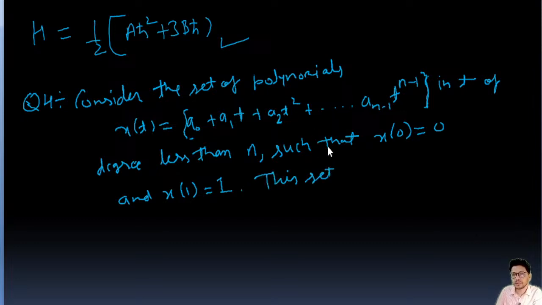This set: option A is constitutes a vector space of dimension 1.